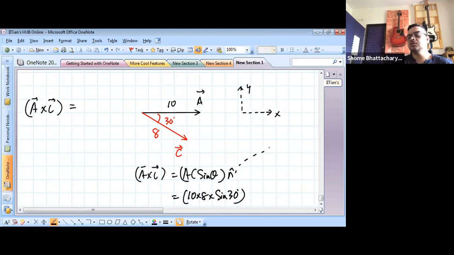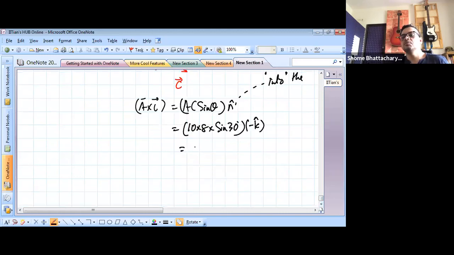So point your thumb along A and fingers along C. This will be into the plane. So this will become minus k cap. Correct. Good. So this is becoming minus 40 k cap. Okay, so this is my A cross C.